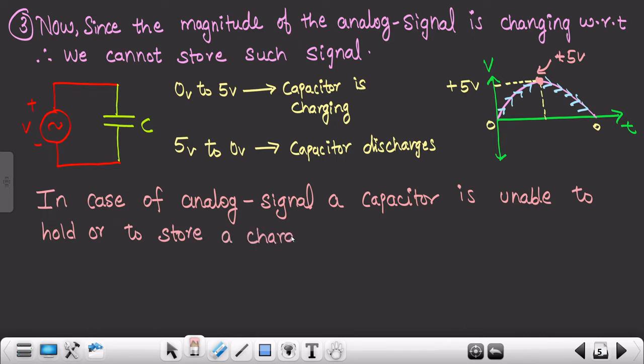And by charge what I mean is electrons. Charge means electrons. I hope you understood this part very well.